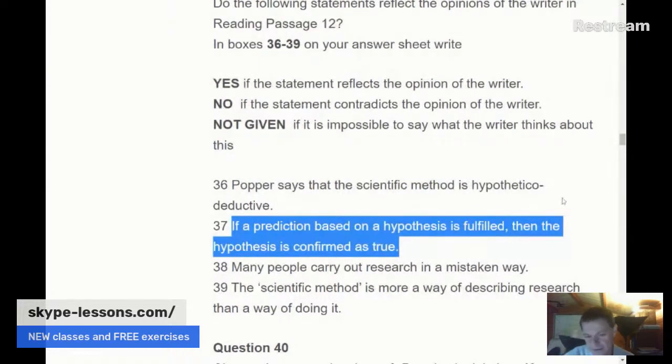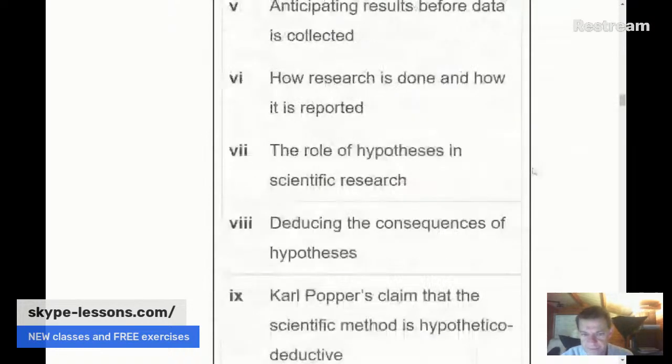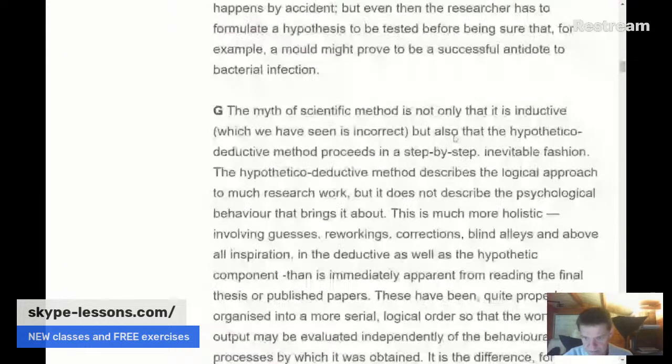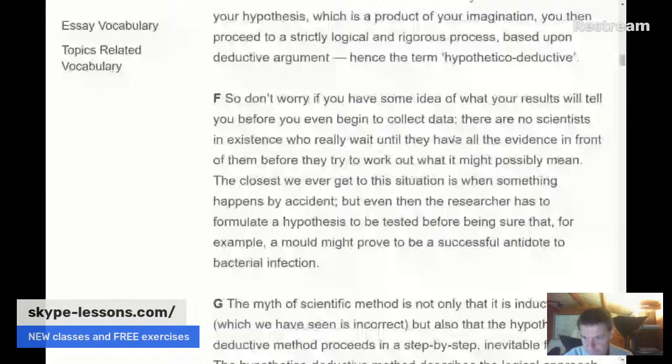Now, be careful here. And I think if you know a little bit about the scientific method, you might already feel that this is not the case. Let's compare it with the sentence which is very similar from the text. I think it's here.